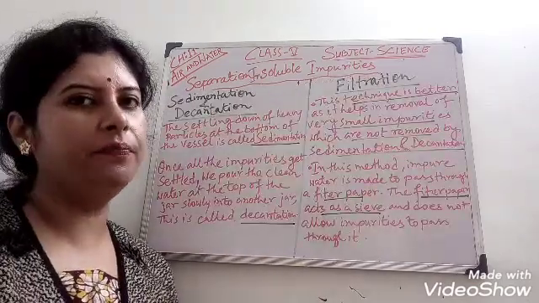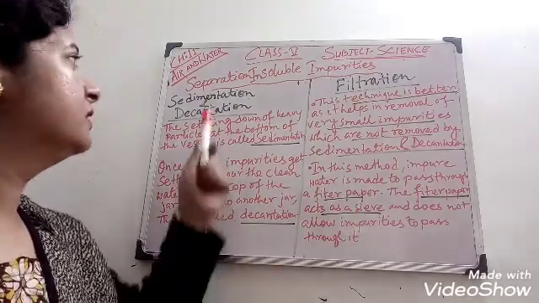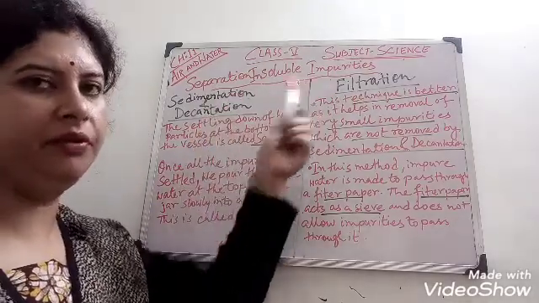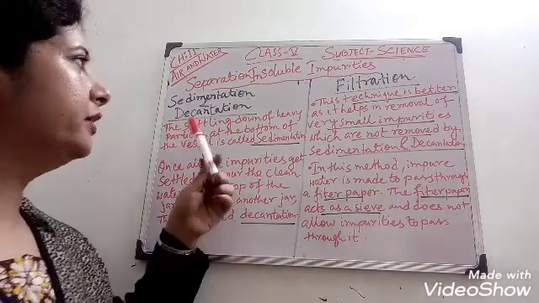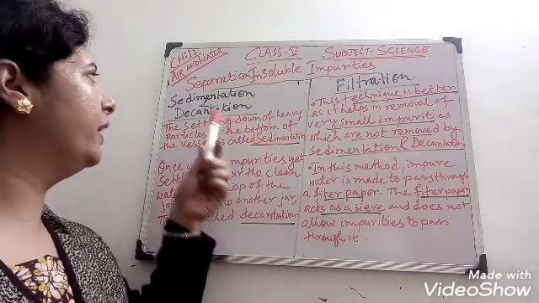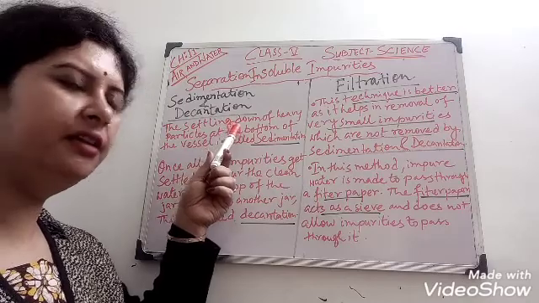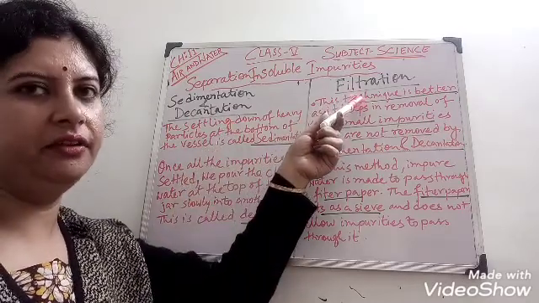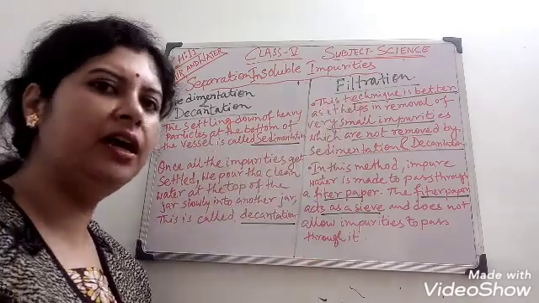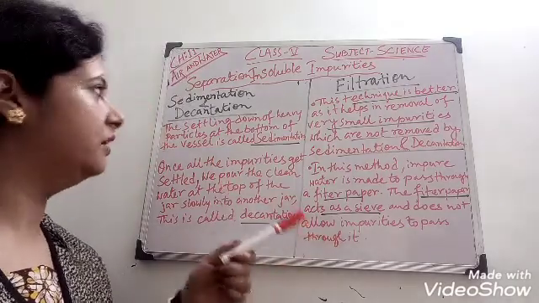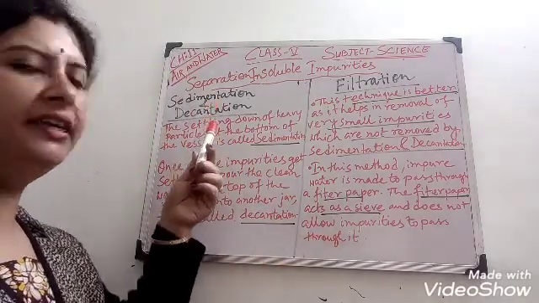Now, the last topic from this chapter is separation of insoluble impurities. Here, two ways are helpful. One is sedimentation and decantation, and the other one is filtration. Now, we are going to know the detailed form of these two ways. First, sedimentation and decantation.